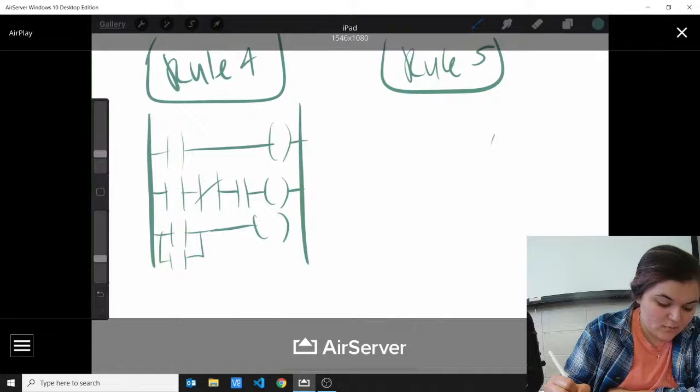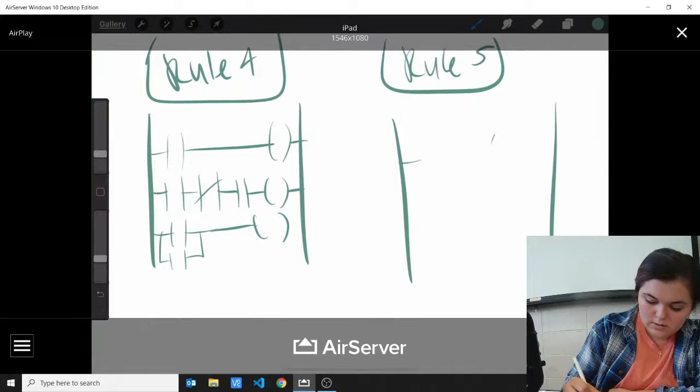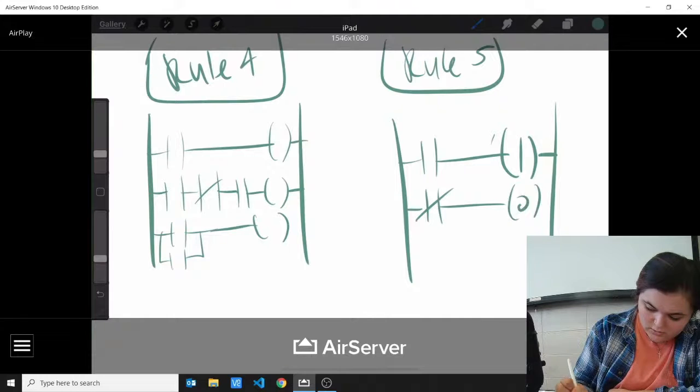Standard outputs cannot be programmed at multiple locations in a circuit. So if you had line 1, line 2, you've got an input and output 1, and then another input and output 2, and then you try to go down here.